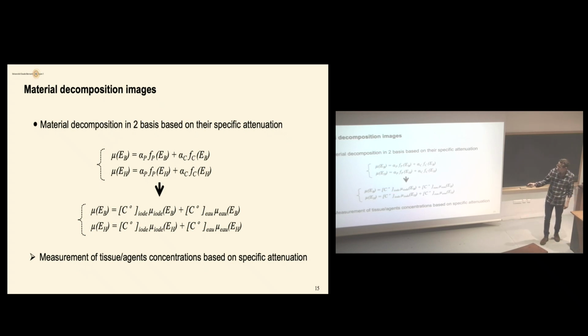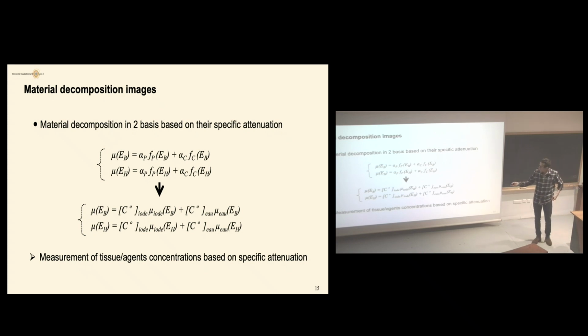That's why you have two bases, iodine and water. You will see after, when we talk about projection of tissue within each basis, that these bases have linear attenuation coefficients that are very different, which is important in terms of material decomposition of tissue.